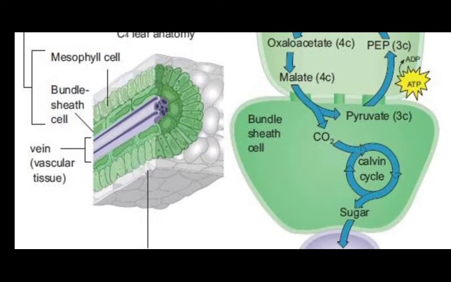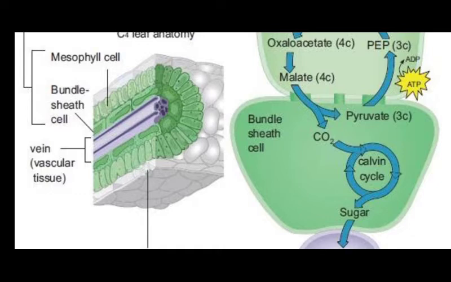See this arrangement that we are seeing here, this is the bundle sheath, meaning the vessels inside the leaf. Right surrounding it we find these bundle sheath cells, and surrounding them are the mesophyll cells. If you remember, it is the mesophyll layer which is mostly responsible for the process of photosynthesis.